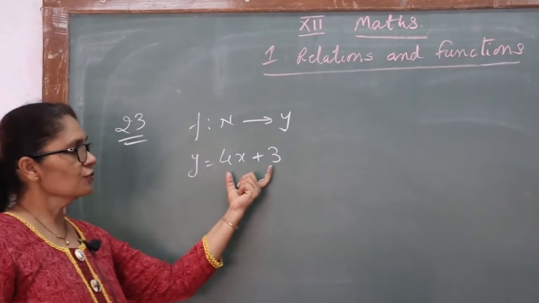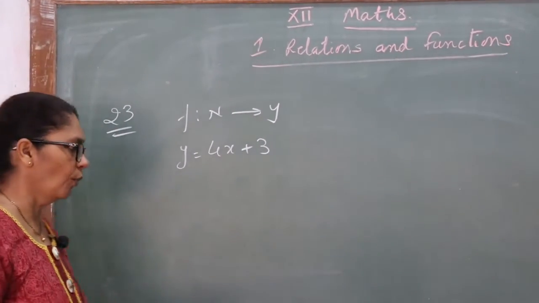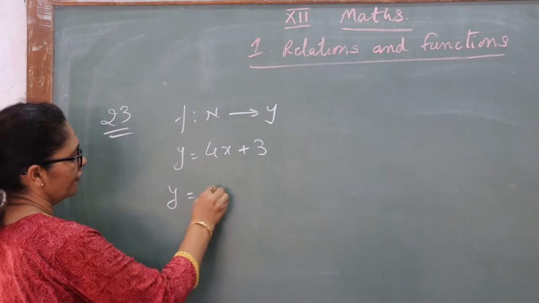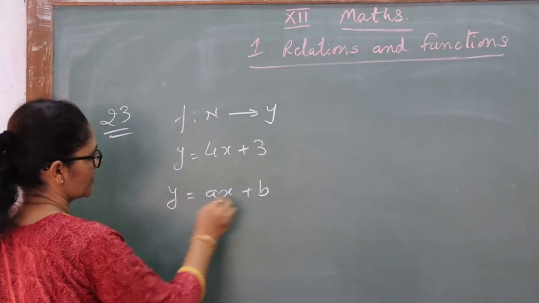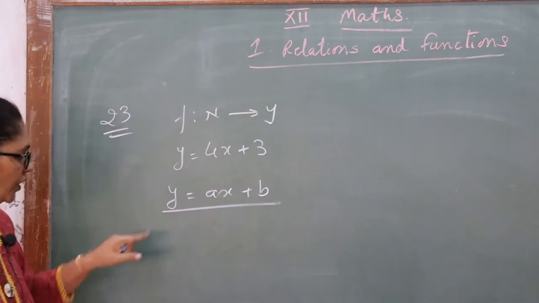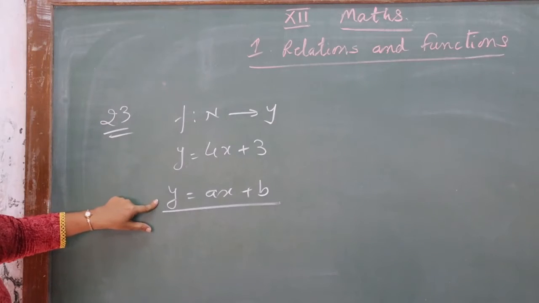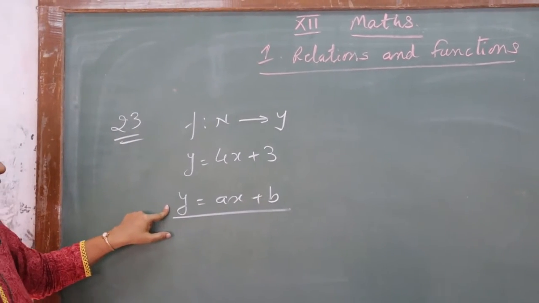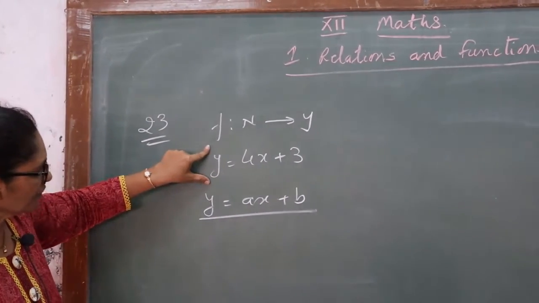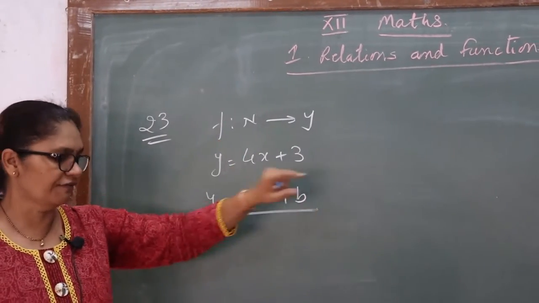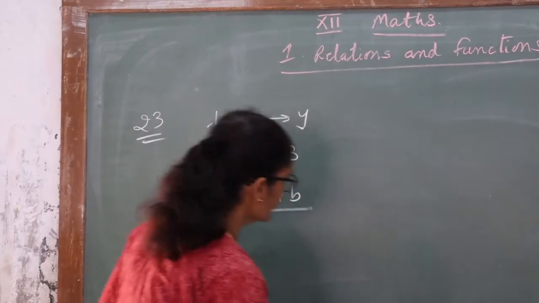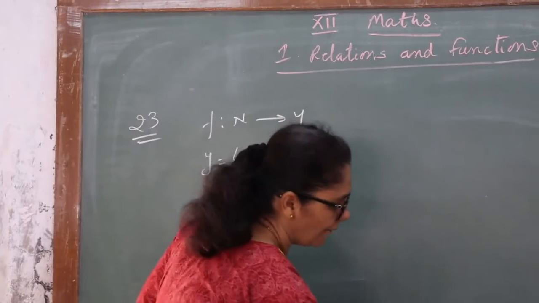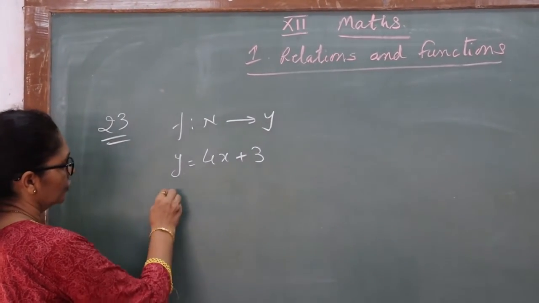This is a linear equation, we already know. What is a linear equation? If your function is in the format ax plus b, this is our linear form. So if the function is in this form, then we can say it is 1-1 and onto. So you can prove it is 1-1 and onto, and afterwards you can find the inverse. In your book, which method is shown? That is the composition method. So let's come to that method.